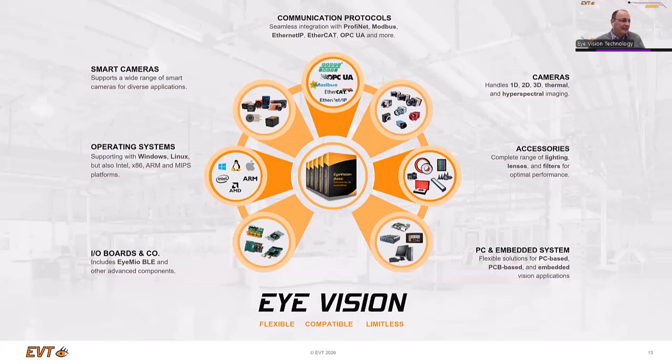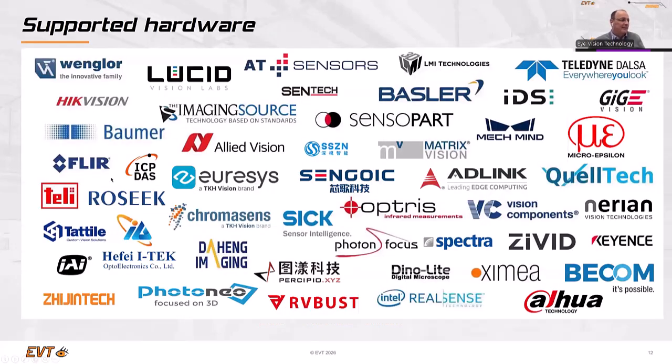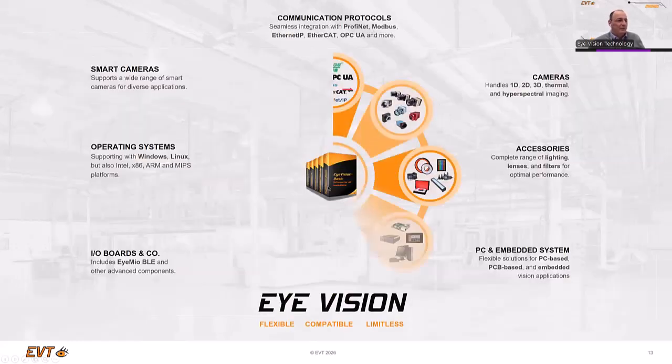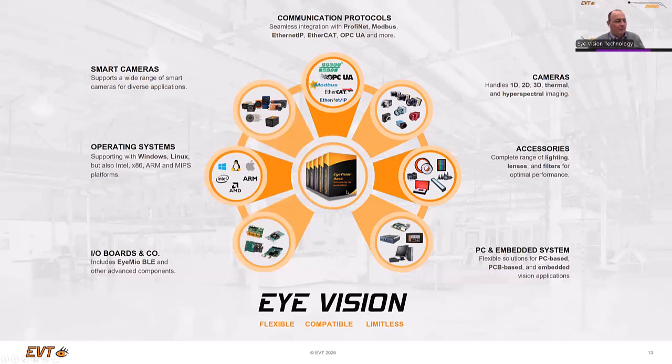So this slide before was an overview of the supported hardware manufacturers, but not every hardware manufacturer also has a line scan camera. But if you find a manufacturer, it's really likely that we support it. For the moment, I don't know a manufacturer which we don't support. Maybe a new Chinese manufacturer which we don't support.